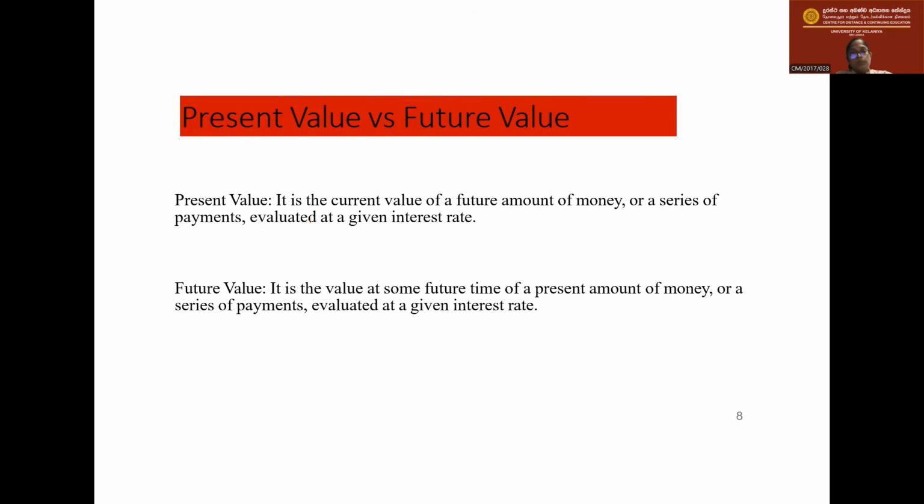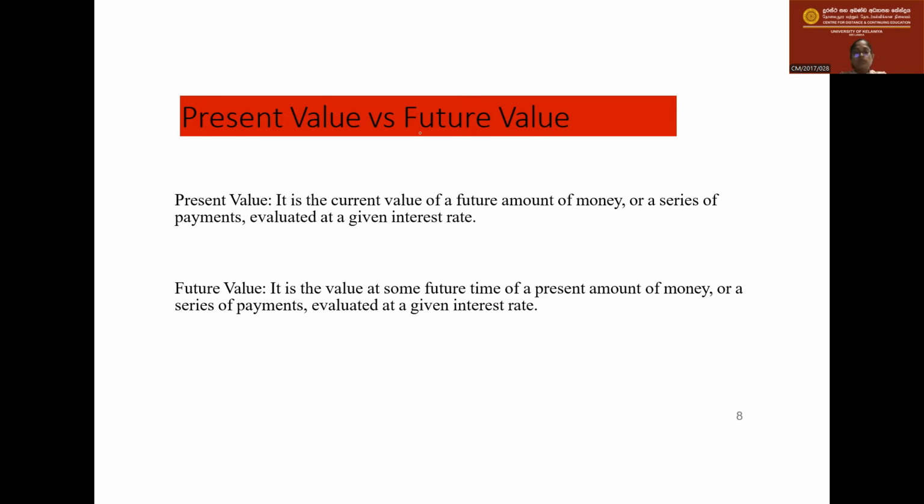Let's have a look at present value and future value. Present value, as the name itself suggests, is a current amount: the current value of a future amount of money. Suppose you will be receiving 10,000 in 2028, then you have to take the current value of that particular future amount of money.